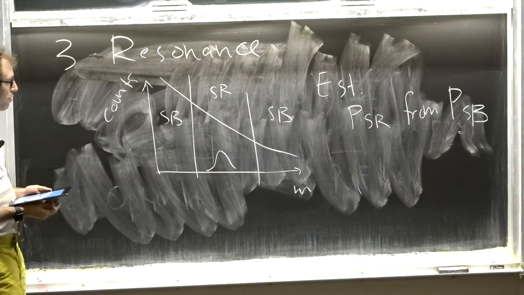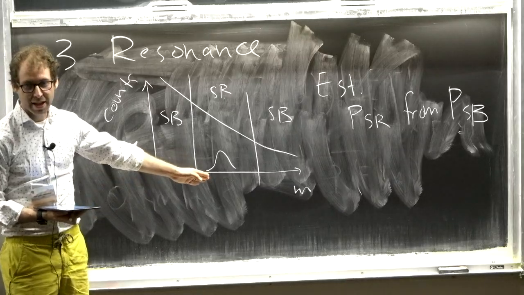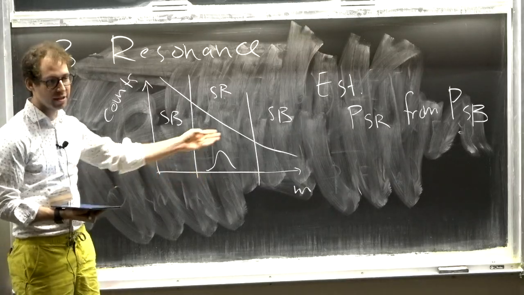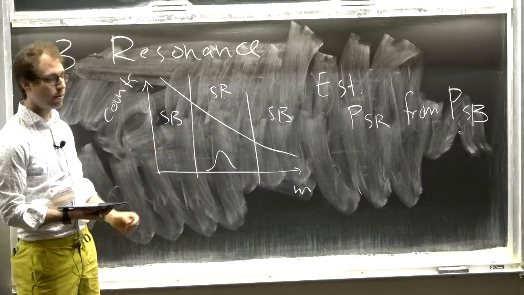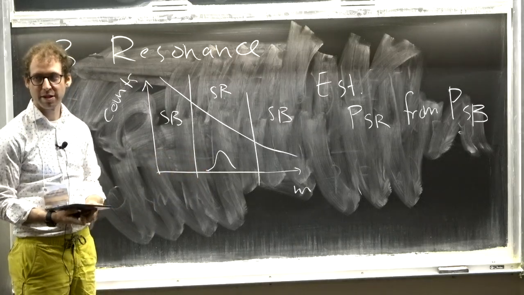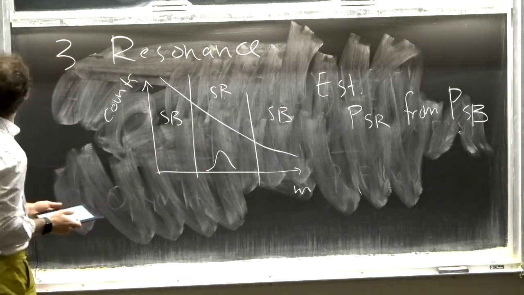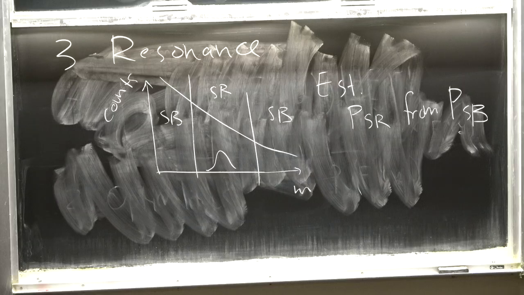And in general, I don't know where the signal is, usually, so I'm going to scan over this location. But I'm only scanning in one dimension, just this mass dimension. There are many ways of doing this, and I'm just going to highlight a few.